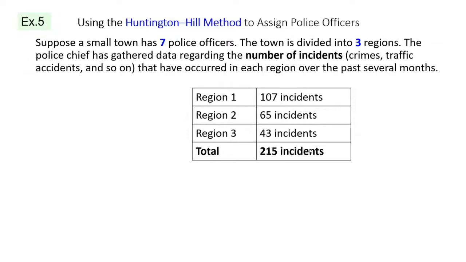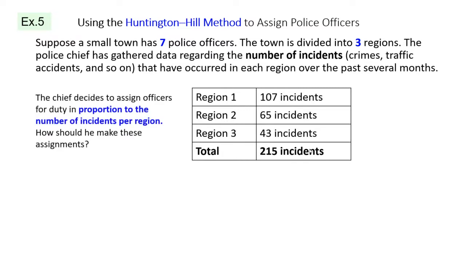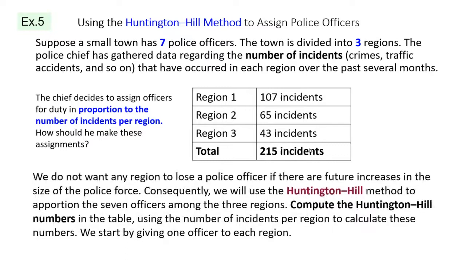So region 1, 107, region 2, 65 incidents, region 3, 43 incidents. So instead of populations, here we have number of incidents, and the number of seats is the number of police officers to assign.